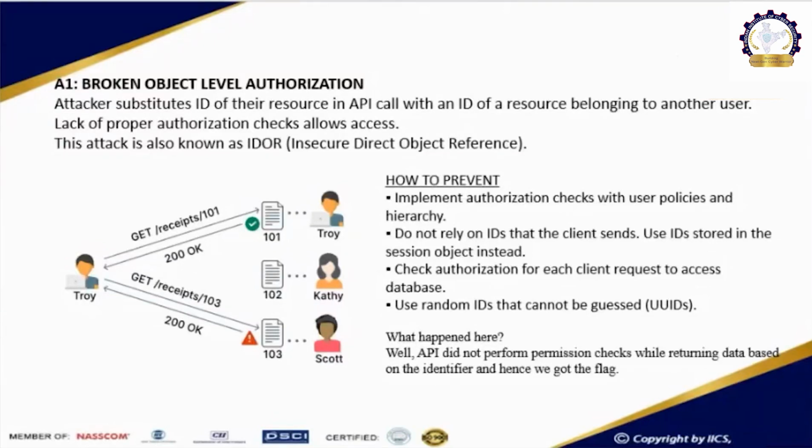When I say this is an attack, I mean how you should think about it and how I exploit it. First of all, I have broken object level authorization, which can be called BOLA. Here, attackers substitute the ID of a resource in an API call with an ID of a resource belonging to another user.